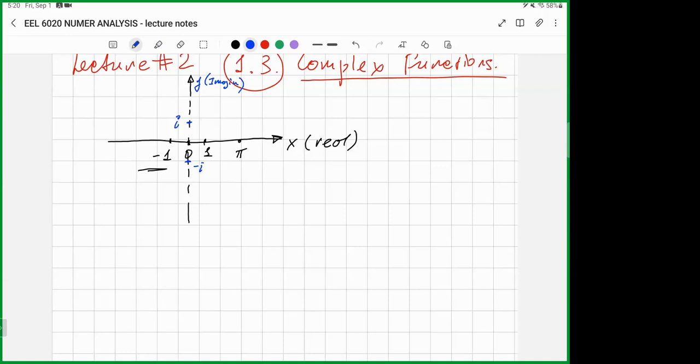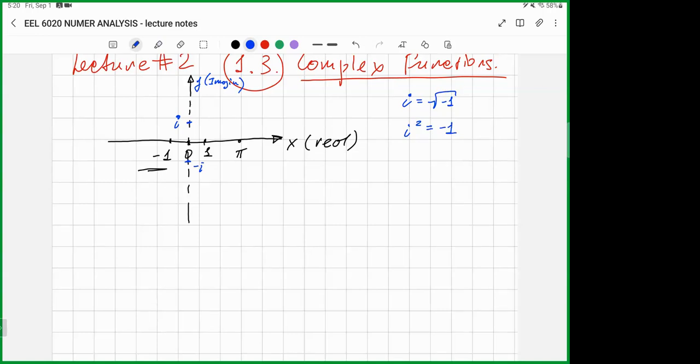And the unit is I, and I is an interesting thing. We postulate that I is equal to the square root of -1, so that I squared gives us minus 1. This is unusual, right?